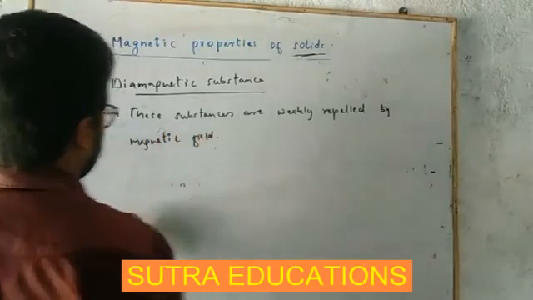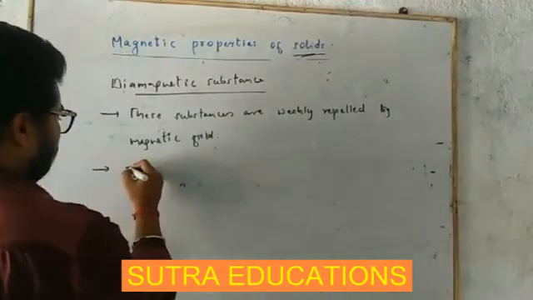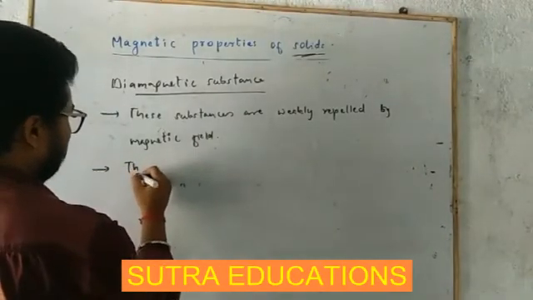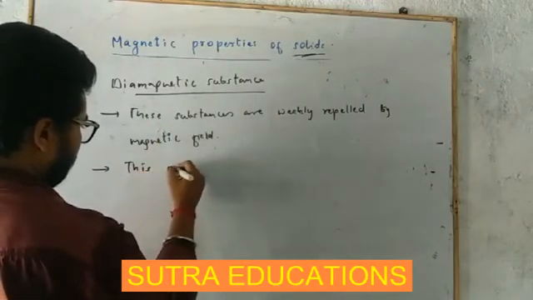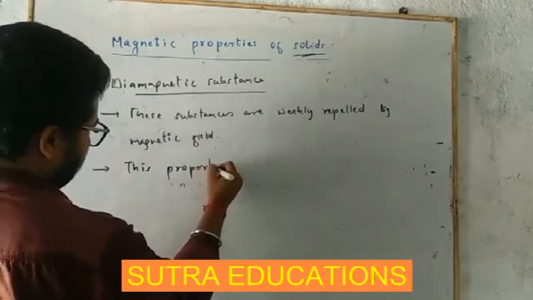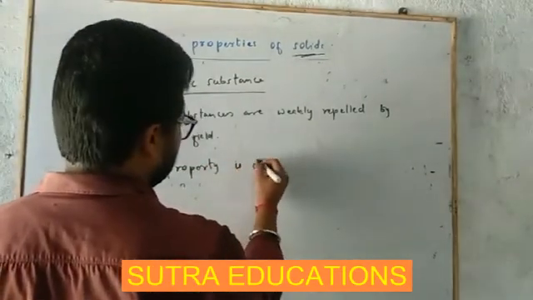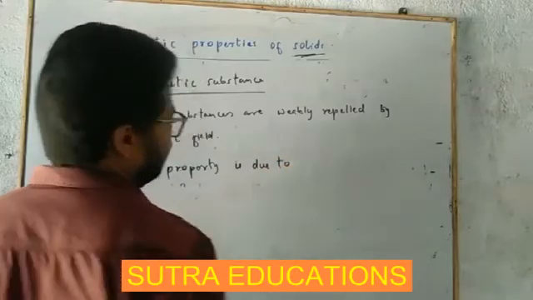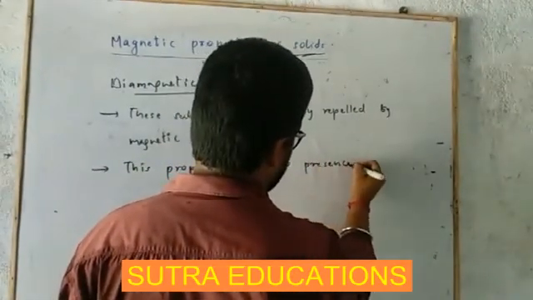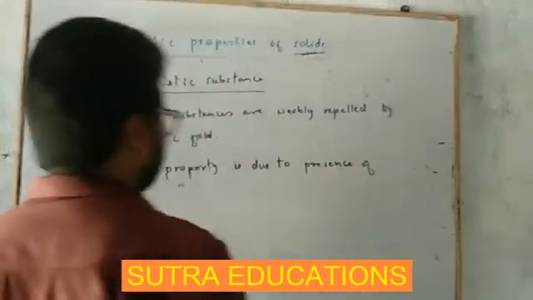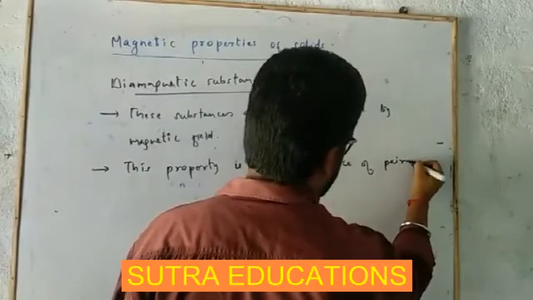Okay, second thing, this property, or magnetic property, is due to presence of paired electrons.